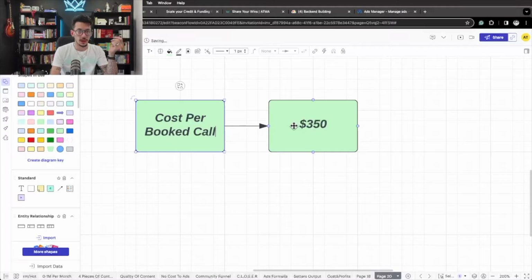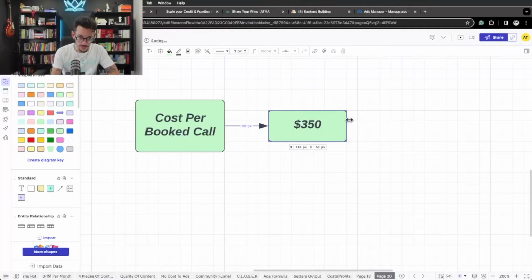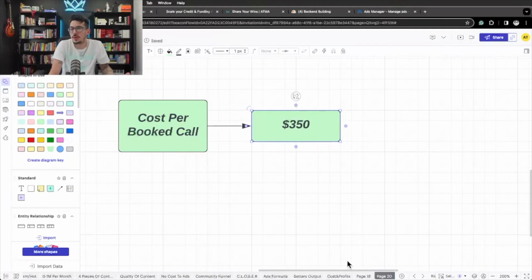And then from here on, it's just math. If it costs me $350 to get somebody to book a call, how much would it cost me to get 10 book calls? It's simple.